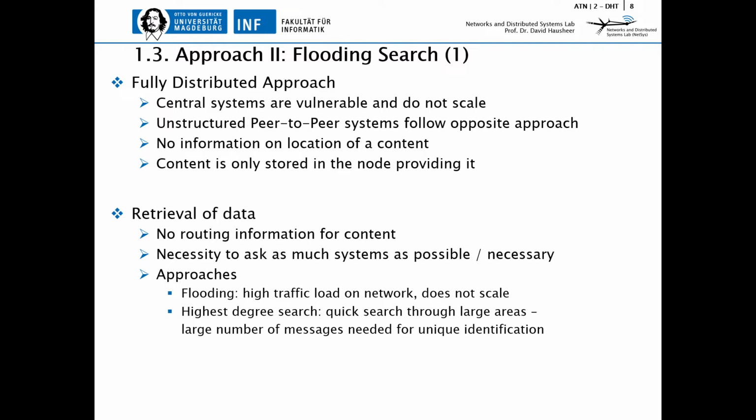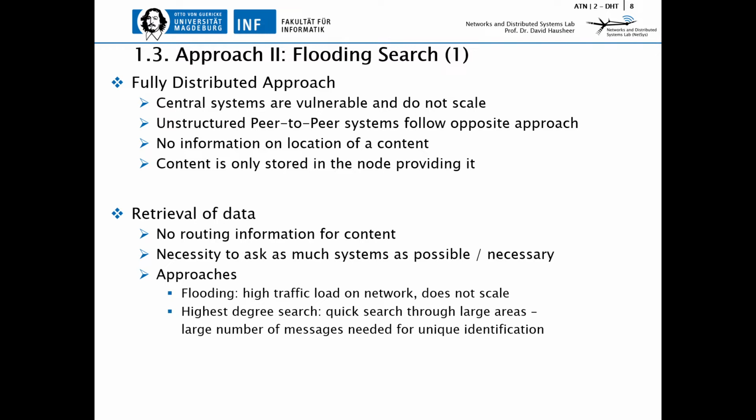In this case, data can be retrieved as follows. First of all, since there is no routing information for content, it's necessary to ask as many systems as possible, or as many as necessary. And the approach here is to basically flood those queries, which of course results in a high traffic load on the network and therefore doesn't really scale.